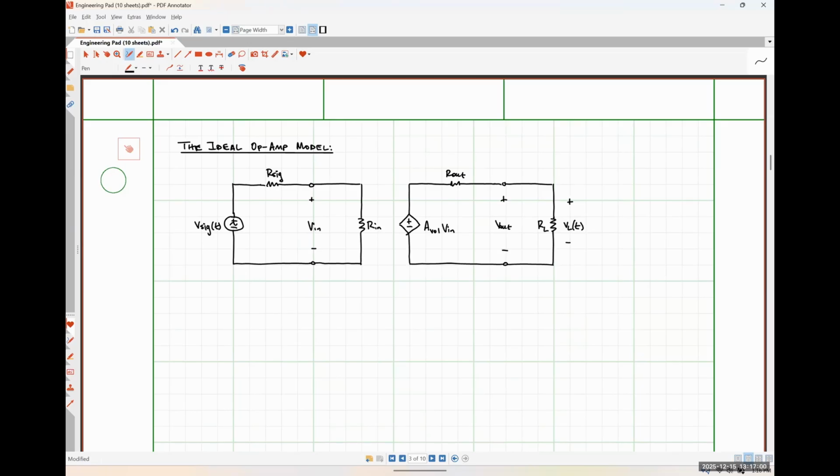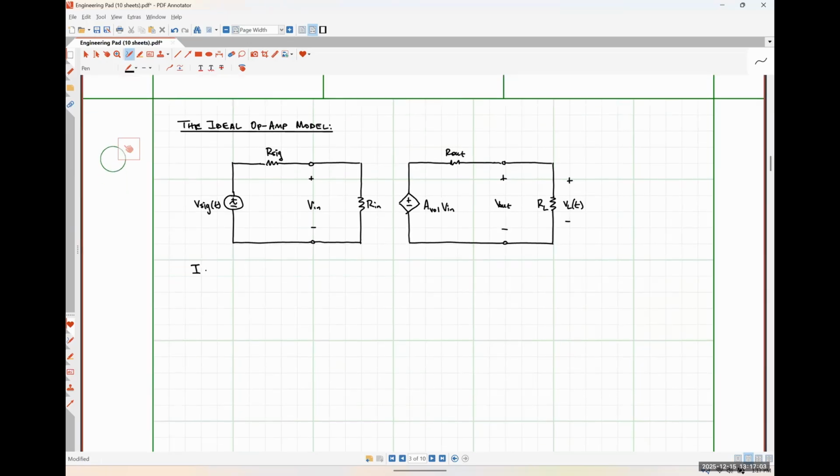So in the ideal case, we would say that VL of t will be A, our system gain, times V sig as a function of time. So what I want us to do is explore how to make this an ideal system, okay?